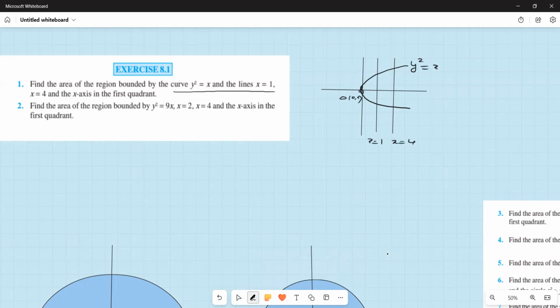You have to find the area of the region bounded by the curve, lines and the x-axis in the first quadrant. Means I just need this area. This shaded area, right?